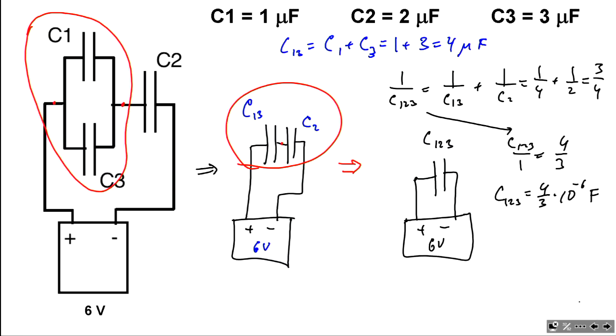Actually, what can we do now? We can calculate the charge which that equivalent capacitor would store. 4/3 times 10 to the negative 6 times 6, 8 times 10 to the negative 6 coulombs.